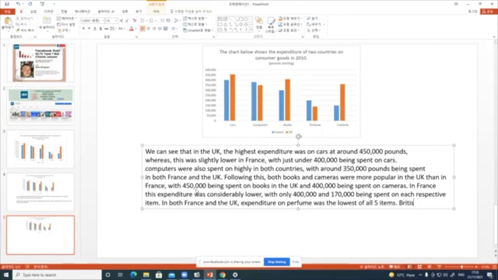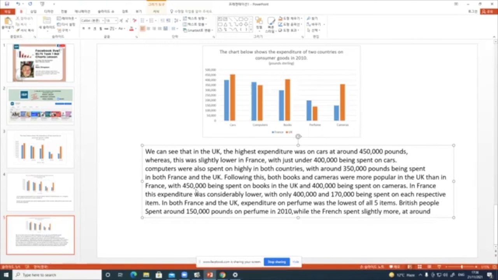British people spent around, how much did we spend on perfume? £150,000 on perfume in 2010, while the French, who smell much better than us, spent more, at around, how much do they spend? Around £200,000. Okay, cool.